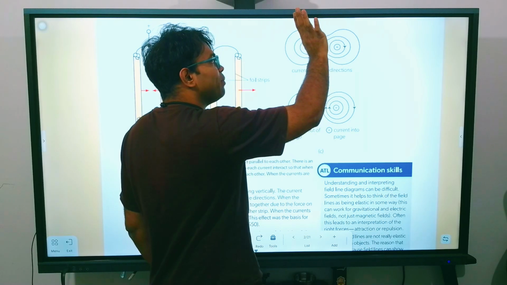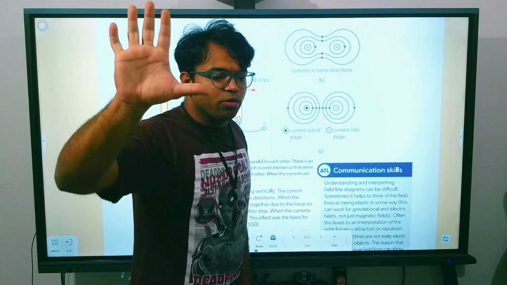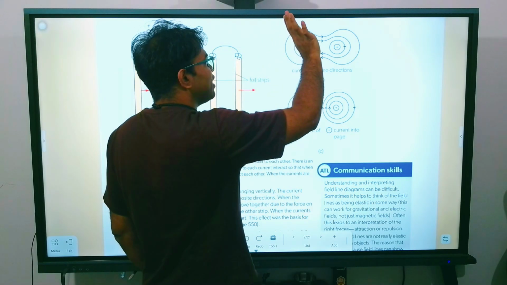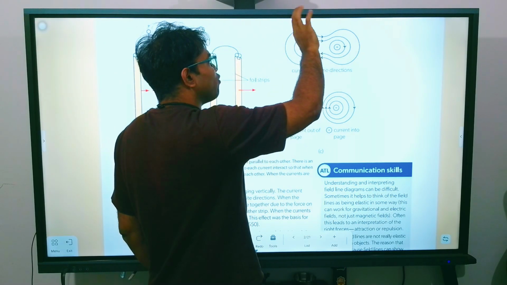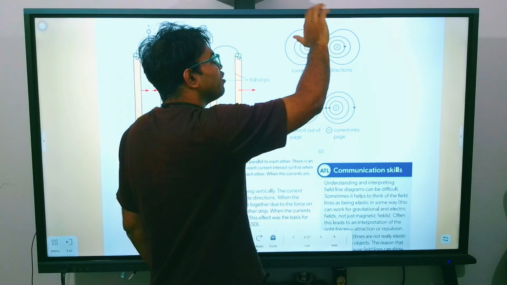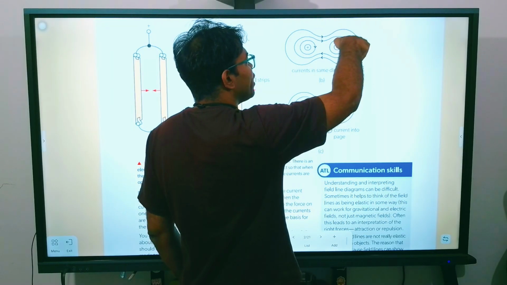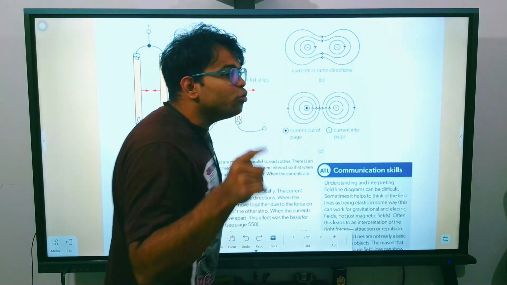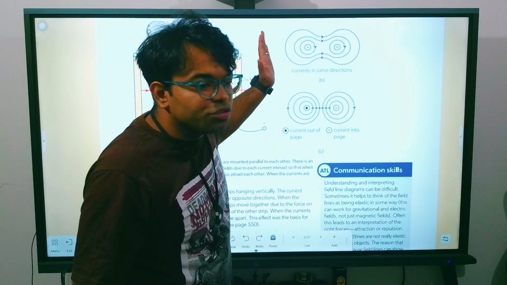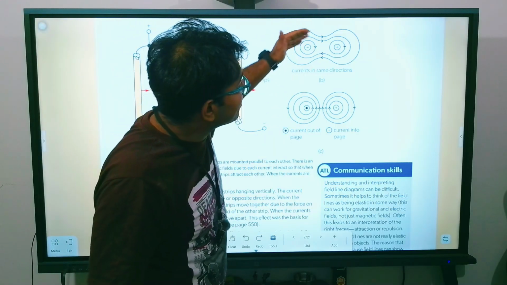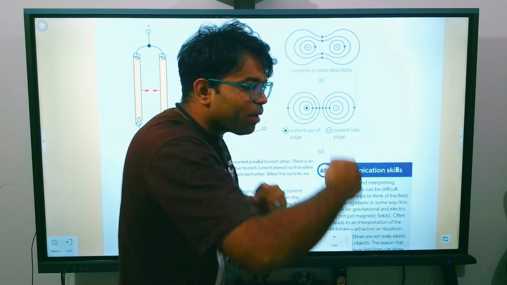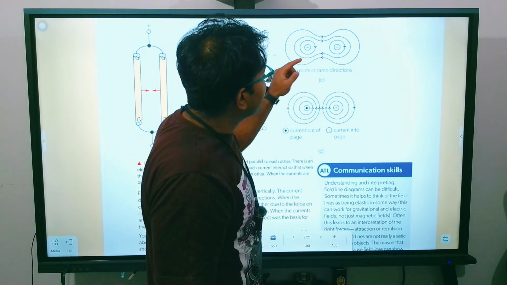So if I place my thumb like this, using the right hand rule, what will I see? I'll see that the field is flowing in this direction. Similarly, the field is flowing in this direction. So you do see a continuum of magnetic field like this. Since both of them are in the same direction, what will happen?